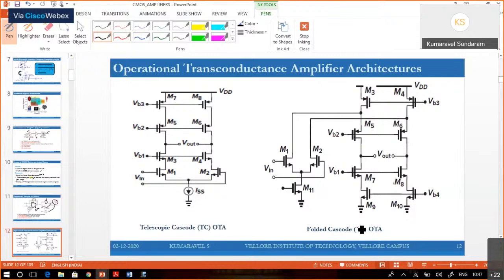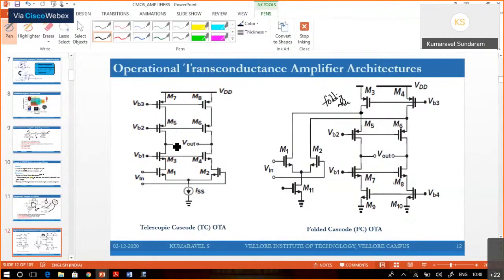The predominant gm blocks, or OTA, operational transconductance amplifiers, are called telescopic cascode. Telescopic cascode means stacking one above the other. Folding, this is the folding node. Two predominant architectures are used for realizing that gm block.